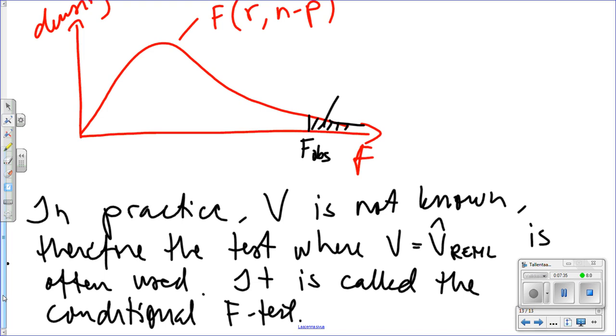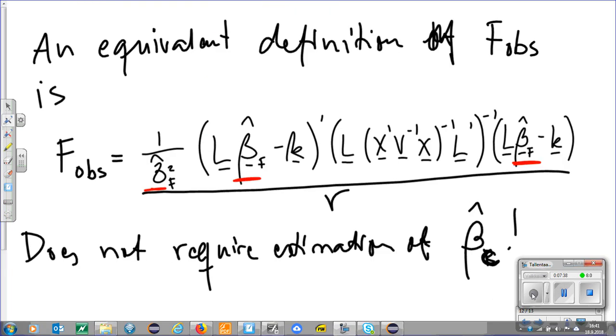But as I already mentioned, all procedures for testing the beta are based on this kind of procedure, where you first specify some constraints to the full model, and they can be specified by those L matrices, and then we compute the test statistic, that is an F-test statistic.